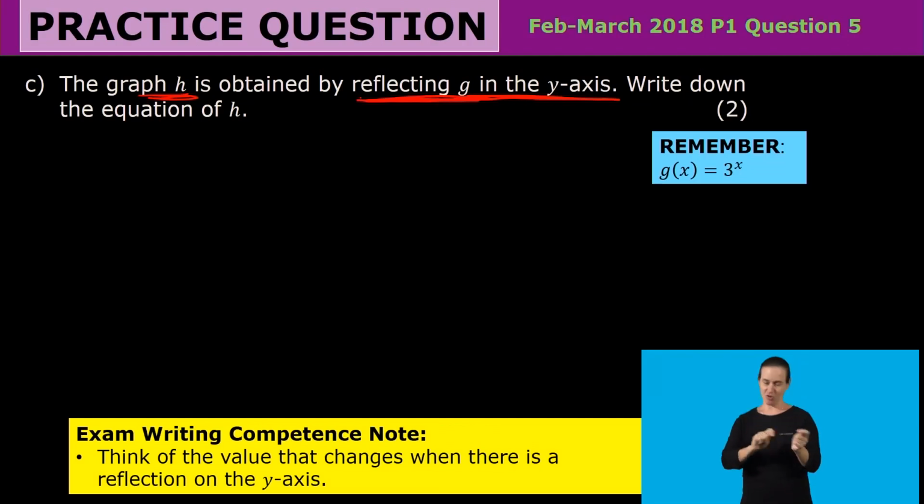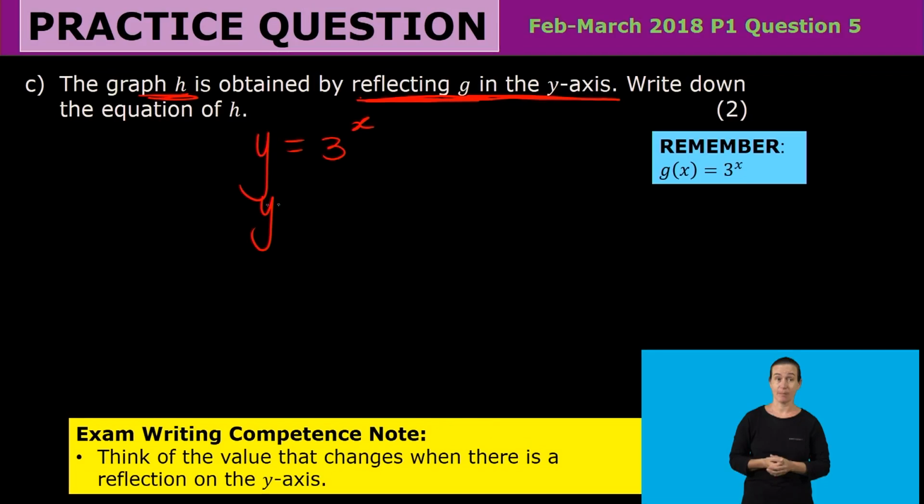When we are thinking of reflections, we are thinking what value changes when there is a reflection on the y-axis. You should know that reflecting on the y-axis means that the x value is going to change. So we use the equation we already have, 3 exponent x.